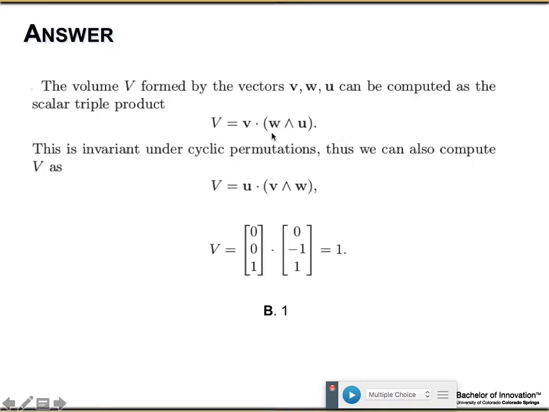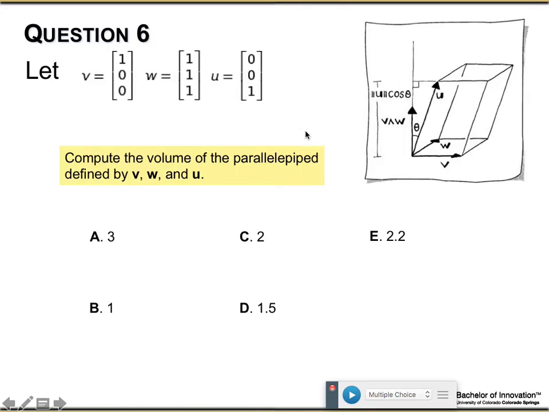So if I do W cross U, let me go back and make sure I do that. It was W = (1, 1, 1) cross U = (0, 0, 1), with i, j, k.